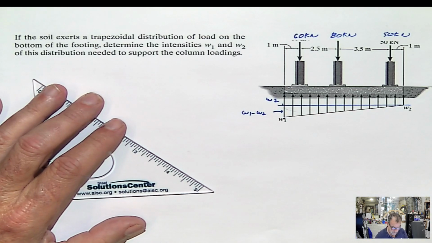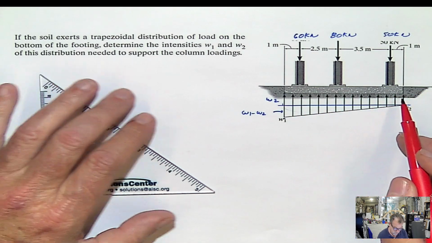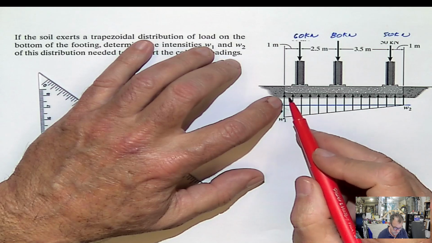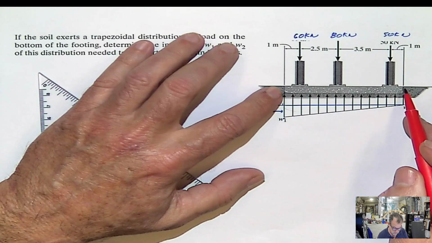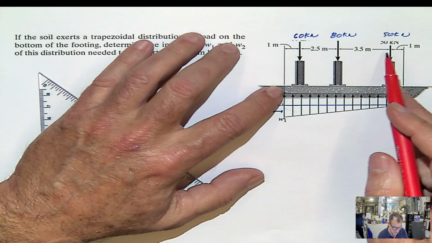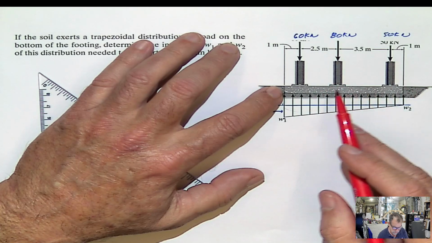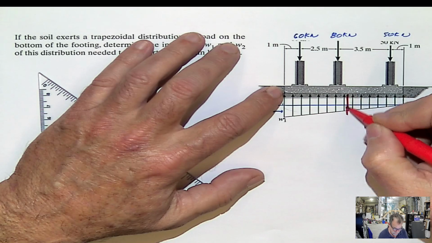Now I'm going to put my forces acting here. I know I'm going to have a force equal to W2 times this total distance here, which is 2 plus 6, 8. And the location will be half.